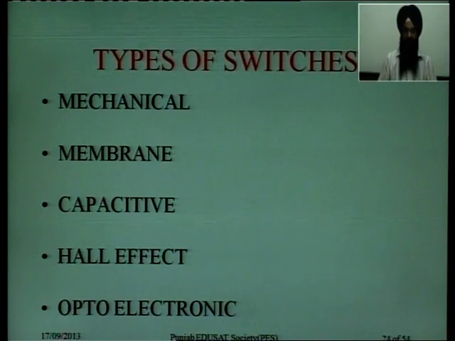Membrane have some plastic membrane. Capacitive uses the principle of capacitor. Hall effect switches are based on the Hall effect principle, and optoelectronic are based on the light and electron principle.